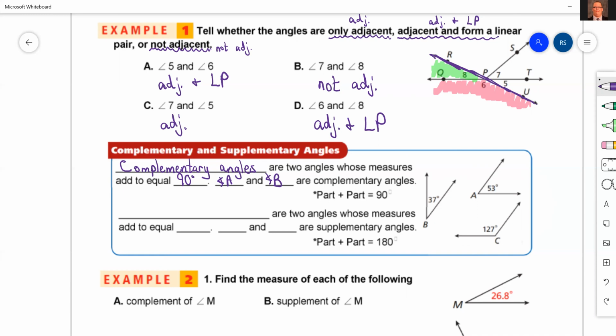They just have to add to be 90. So we've got our complementary angles. Now let's look at supplementary angles.